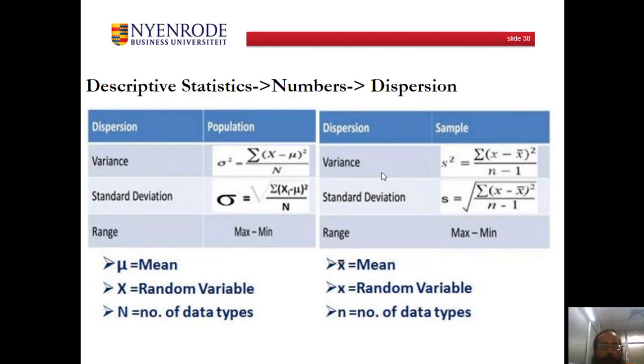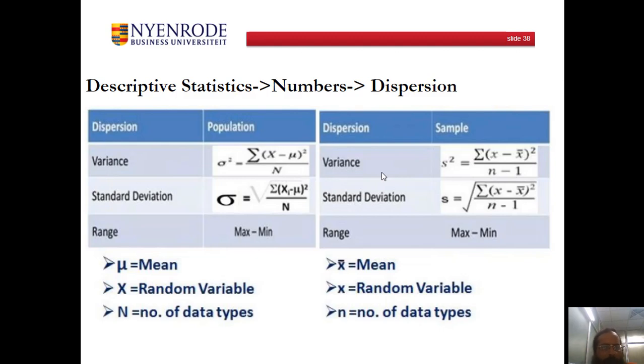This is another measure for dispersion. This is called standard deviation and variance. Standard deviation is a measure of how far the data is from the mean, and variance is a measure of how the data vary as we move away from the mean.